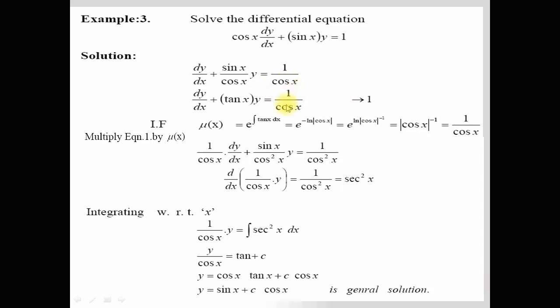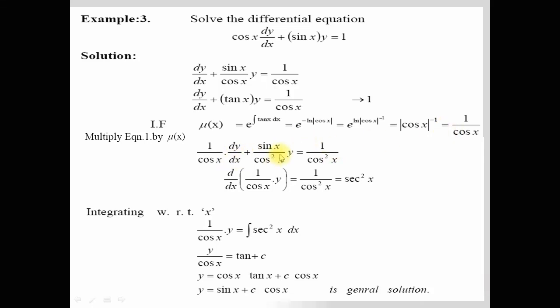Here 1/cos x is the q function and the integrating factor is also 1/cos x, so 1/cos x multiplied by 1/cos x is 1/cos² x, which means sec² x.